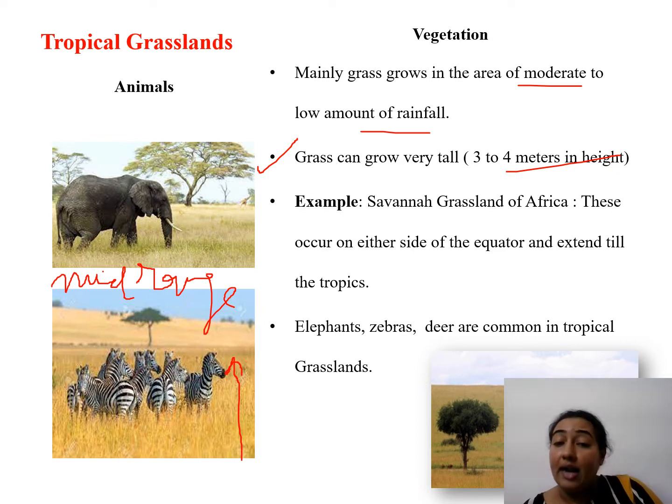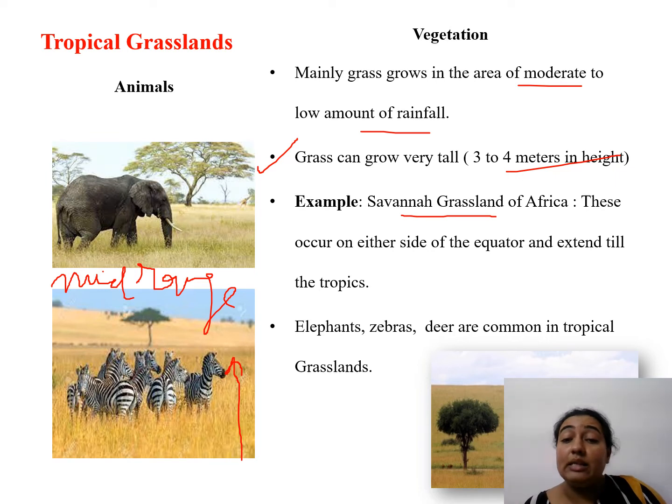An example is the savanna grassland of Africa. All those students who must have visited Africa in their vacations, or must have seen movies or nature documentaries pertaining to Africa, must have an idea that giraffes, zebras and wild animals, red lions are part of the savanna grasslands of Africa.